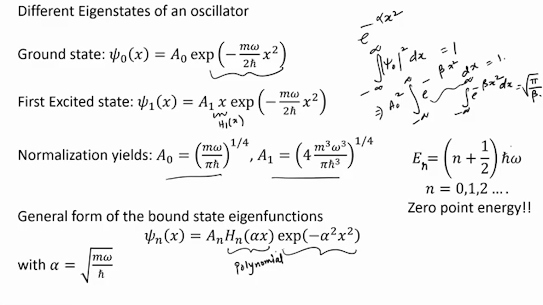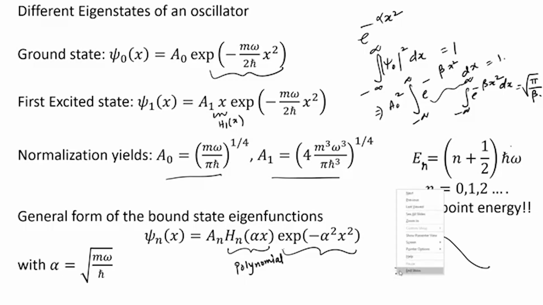these polynomials multiplied with the Gaussian, which means that for the ground state the polynomial has a value 1. So it is purely the Gaussian, which looks like this. The first excited state, already written there, is a1 x into exponential minus m omega by 2 h cross x squared.